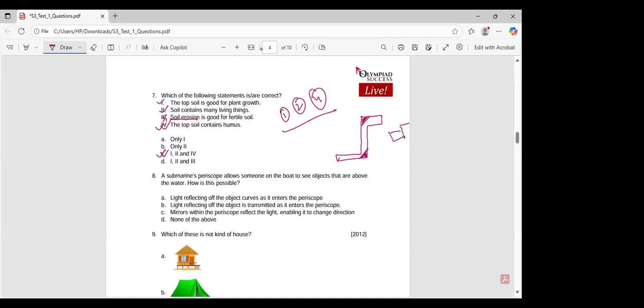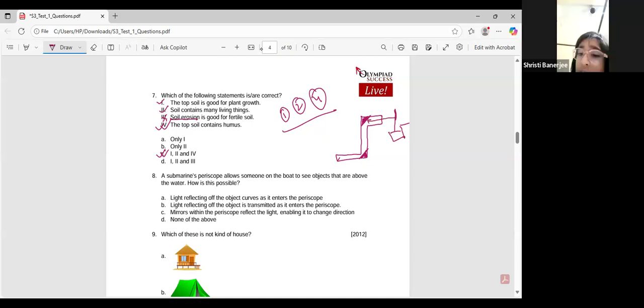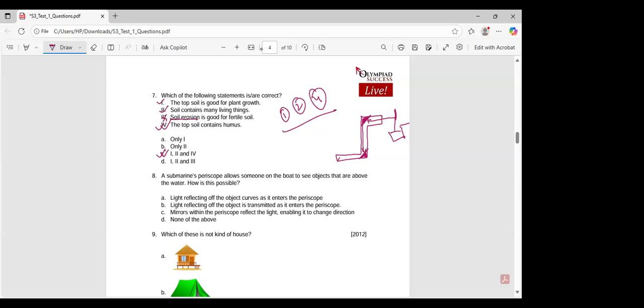Whenever there is an enemy ship, this enemy ship's image will be made in this mirror, right? And from this to this, the person sitting over here can easily visualize whether there is an enemy ship or not. So how is it possible? This is due to light reflecting off the object as it enters the periscope.